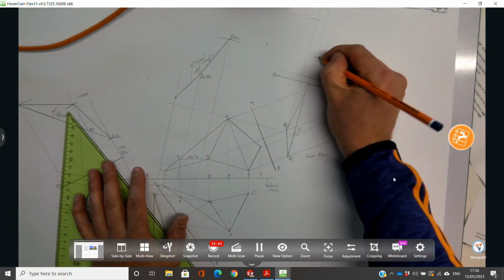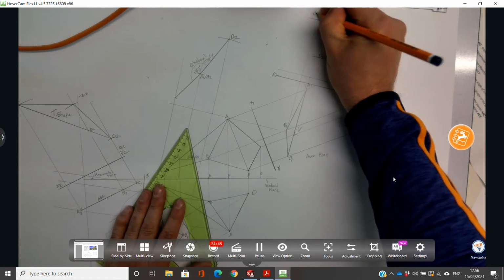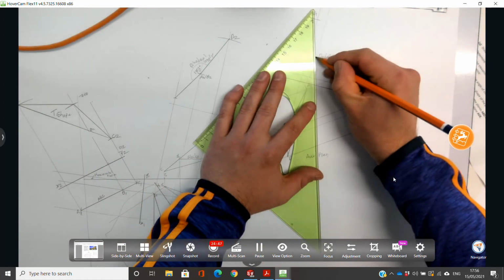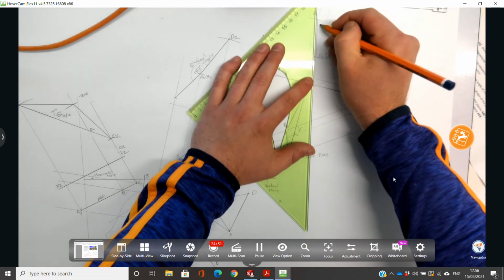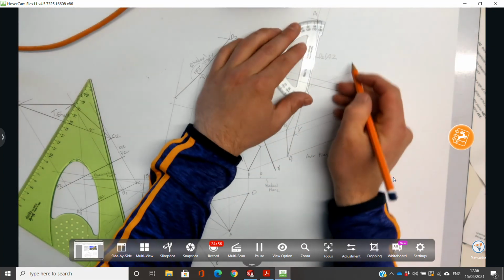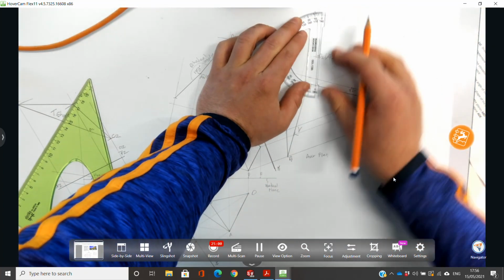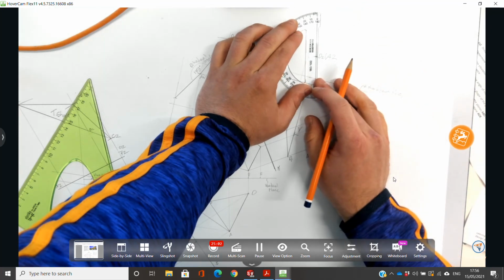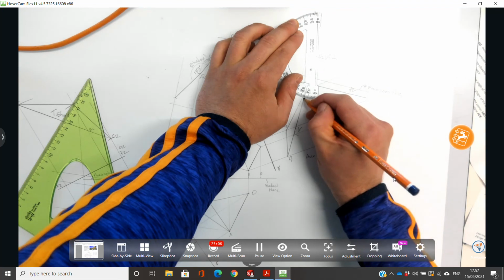D2, A2, that's B2. I'm going to join them together. Now, I'm going to mark in the dihedral angle of 165.